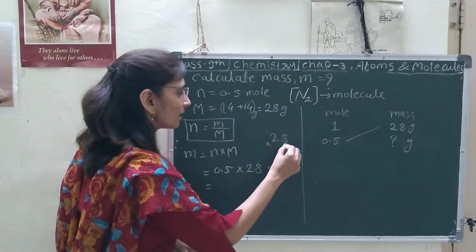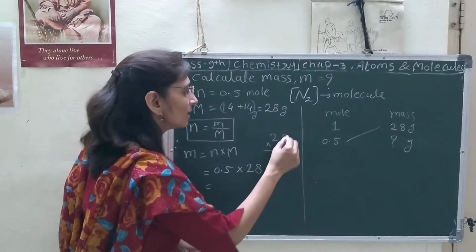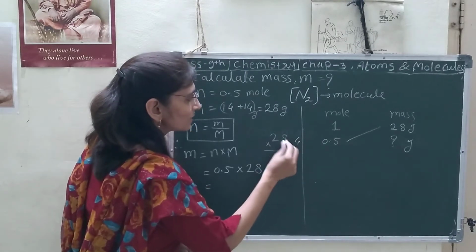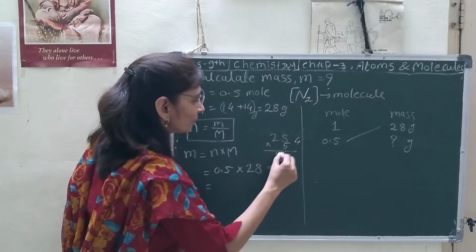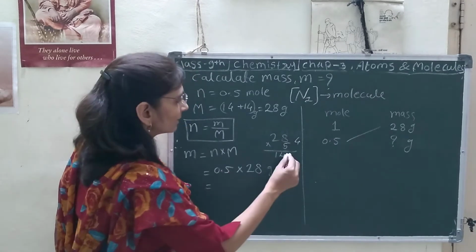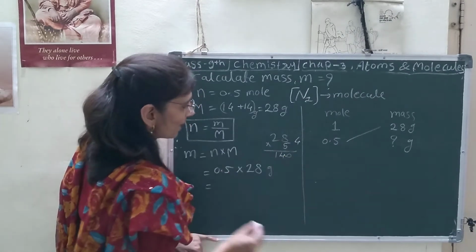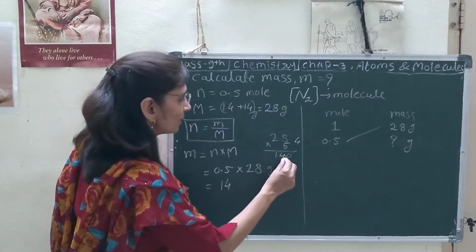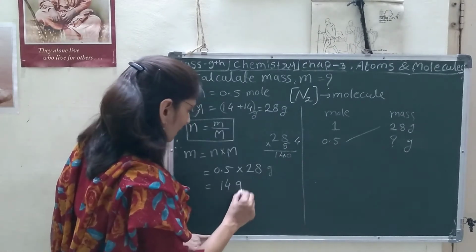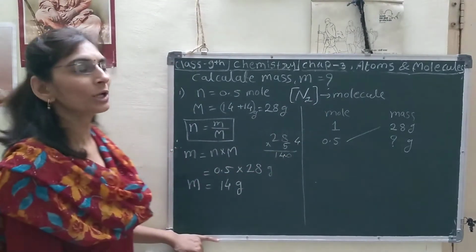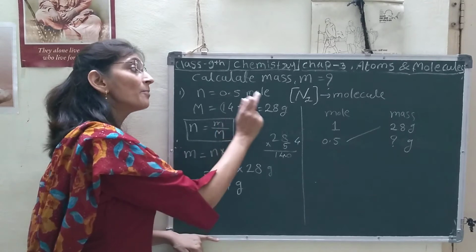I know, but for your understanding I am doing it here. 8 fives are 40, write 0 carry 4. 2 fives are 10, 10 plus 4, 14. Since it is 0.5, we have to put the decimal point. So the mass will be 14.0, that means 14 gram is the mass of nitrogen molecule for 0.5 mole.